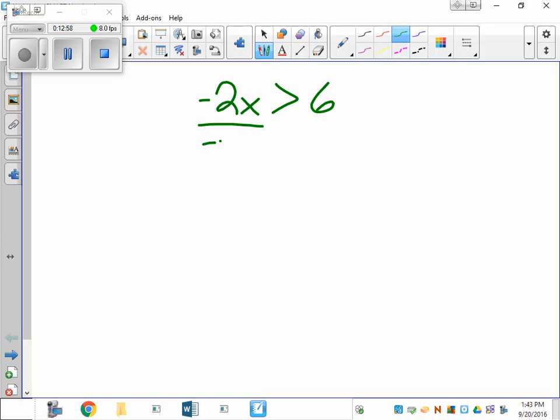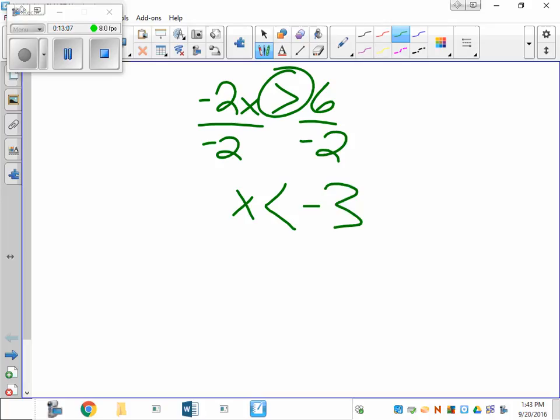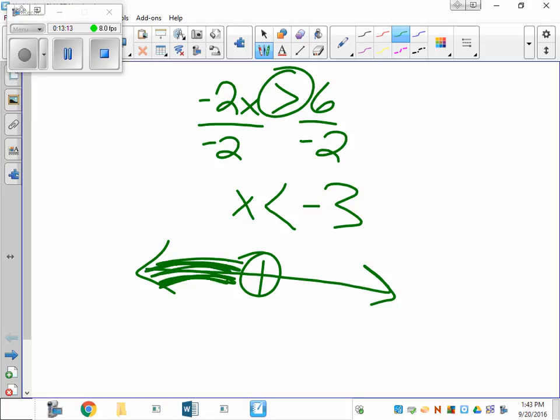When I divide by -2, it now becomes x, switch that around, less than -3. And when I graph that, before it went to the right, now it will go to the left. And if you try, say, -5, it should work. Is -2 times -5 greater than 6?